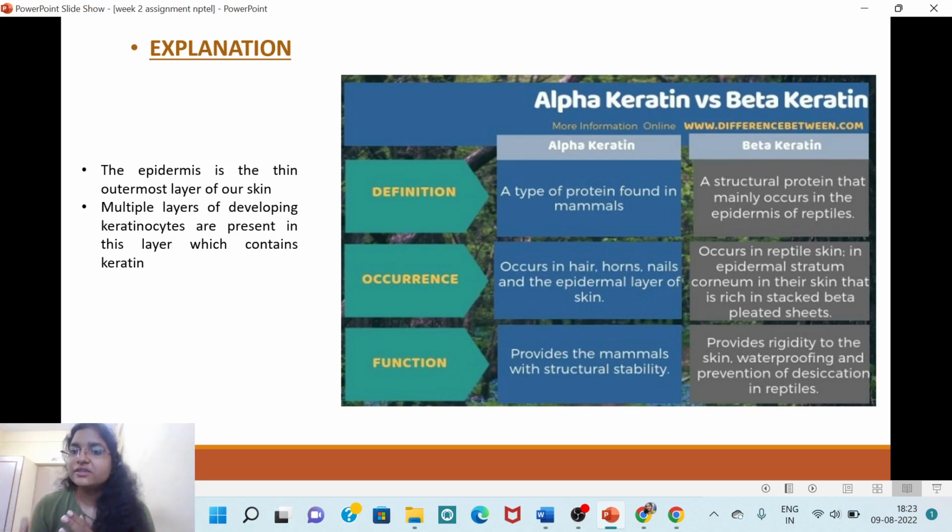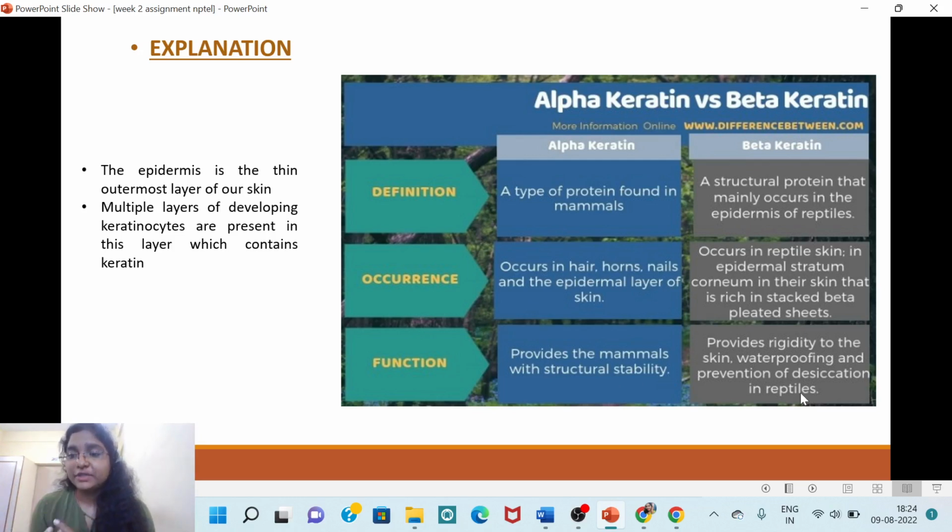Whereas in reptiles, beta keratin is present in the epidermal stratum corneum of their skin, stacked in beta pleated sheets, which is the structural character of beta keratin. If we talk about function, alpha keratin in mammals provides structural stability, whereas beta keratin in reptiles provides rigidity to their skin, waterproofing and prevention of desiccation.